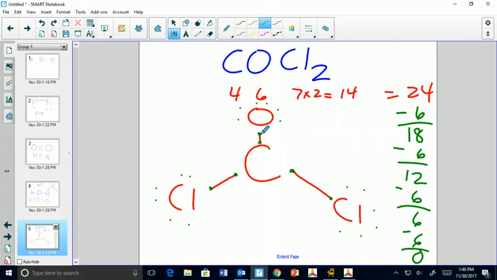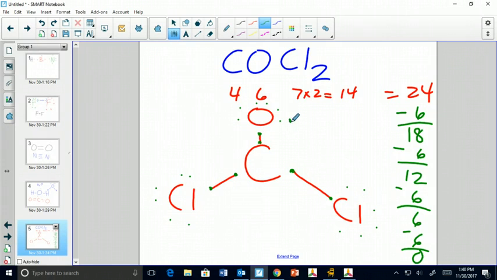Sir? It would have to do a double bond with oxygen. Why not with these guys? Well, because they only need 1. Remember, chlorine has 7 valence electrons, so it only wants to share 1, and it's happy. But oxygen has 6, right? So it would be very comfortable sharing 2 with this chlorine.